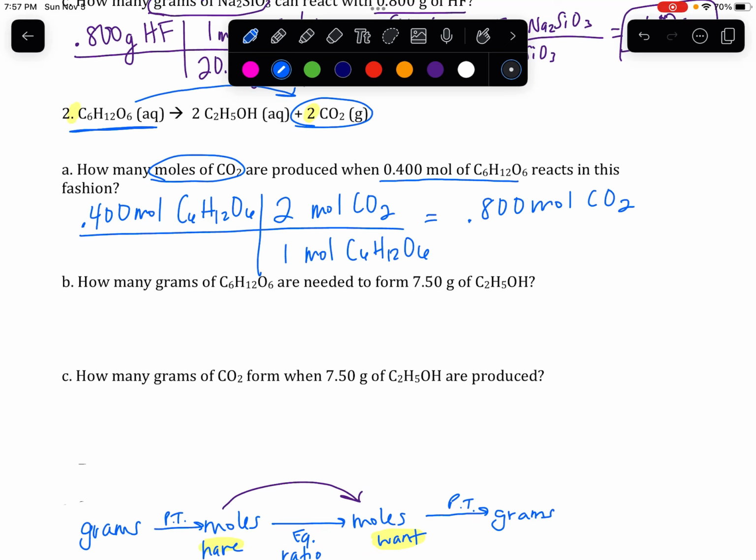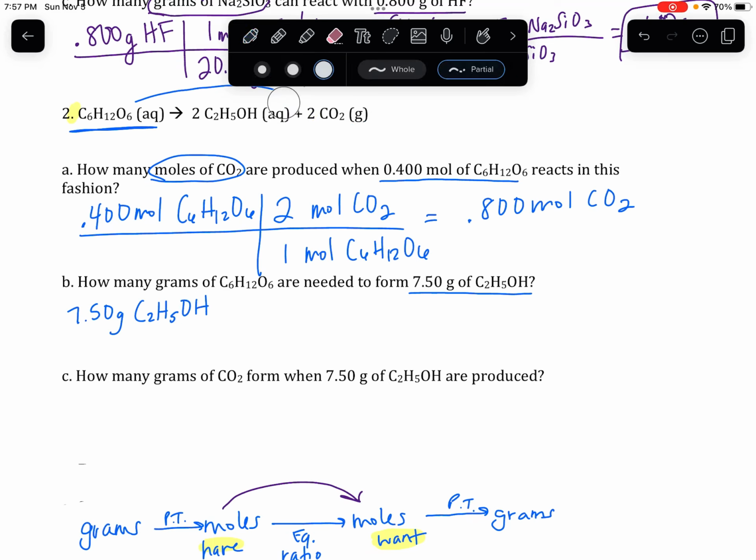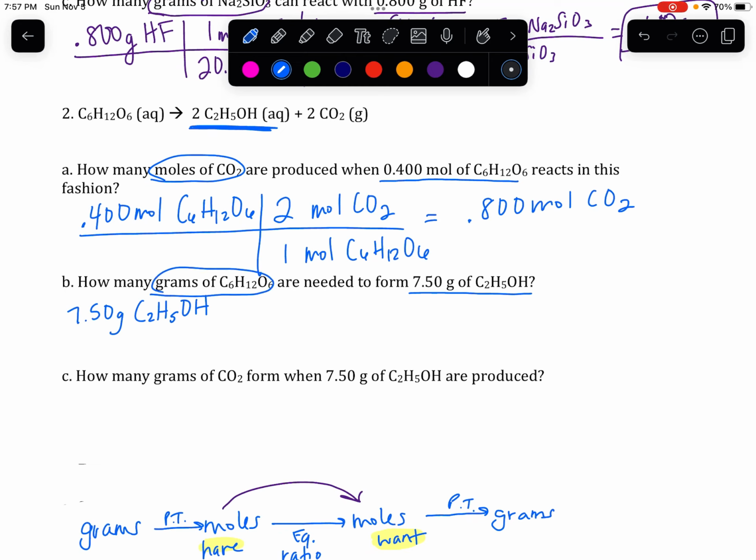All right, let's look at B. Again, I'm starting with 7.50 grams C2H5OH. Let's erase where we're at here. In this case, I'm starting here, and what does it tell me I'm trying to find? Grams of C6H12O6.